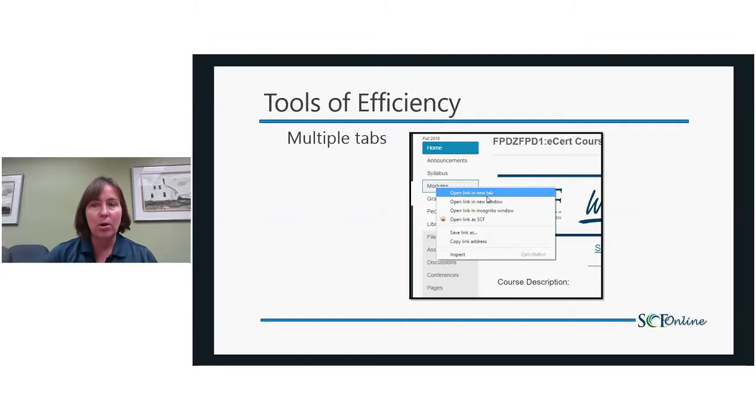And that right click will work on a Mac or a PC. So for example, if you are grading student work on one tab, you may want to have your rubric up on a separate tab, and then you can just click back and forth as you look through those particular components of the rubric that you are looking for as you grade. So that will save you a lot of time.